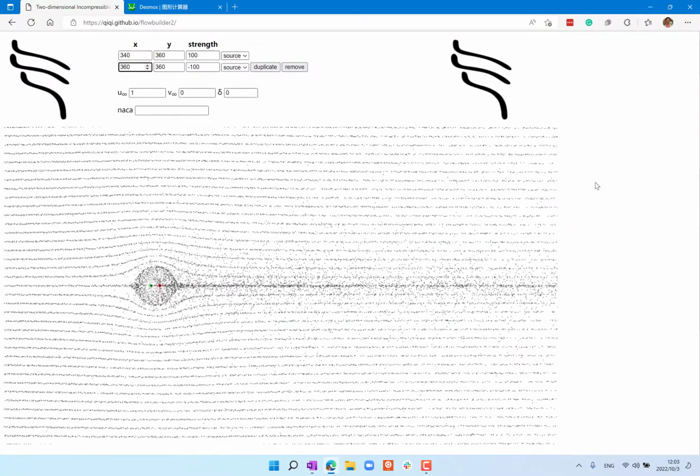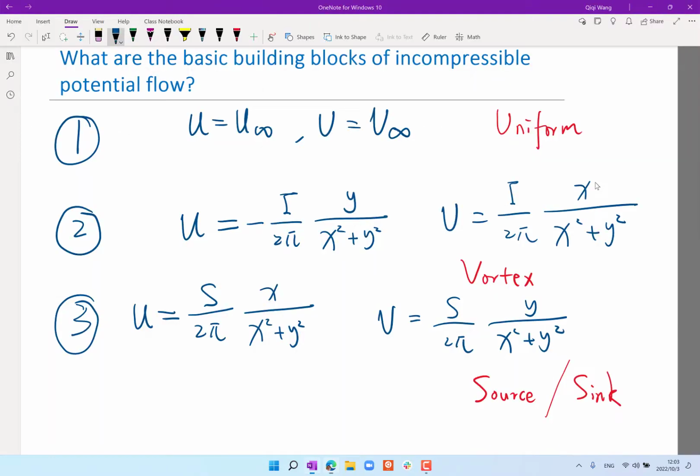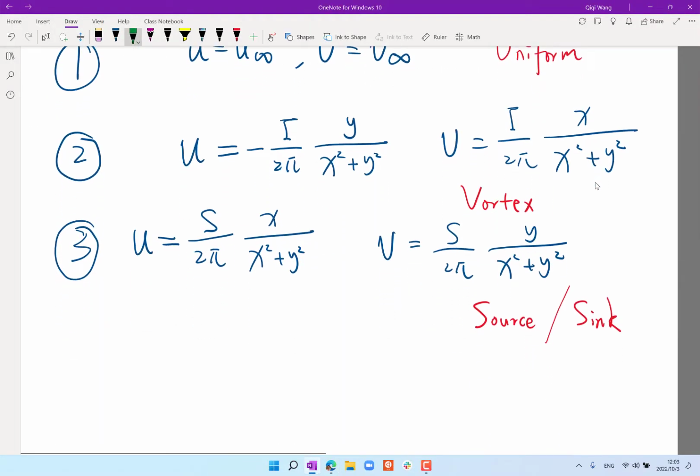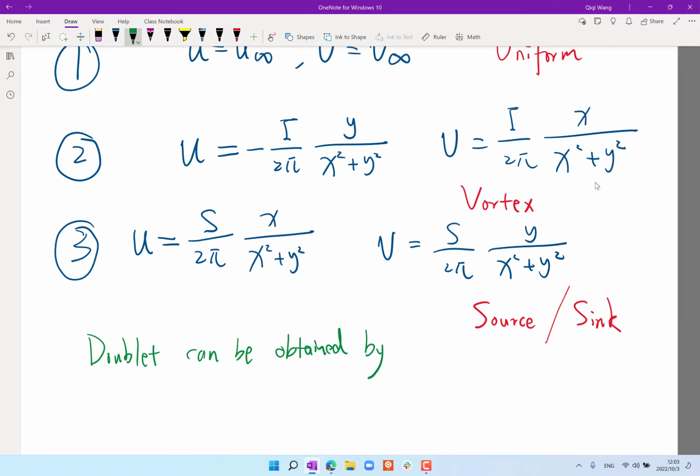All right, any additional questions over here? So a doublet is a compound. A doublet can be obtained by multiple vortices, by just the two, right?